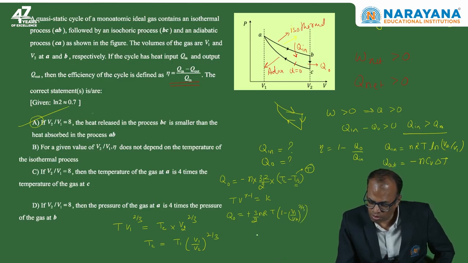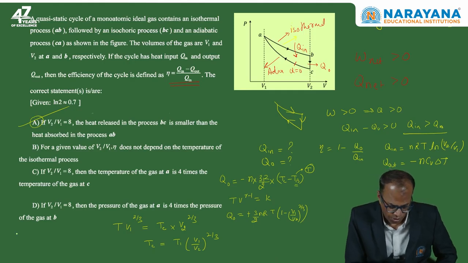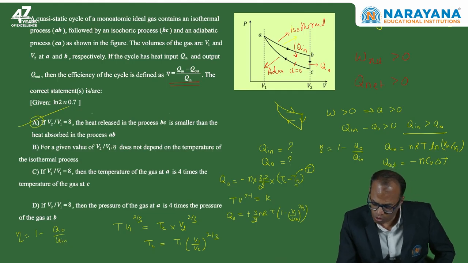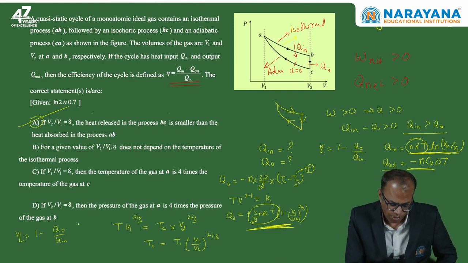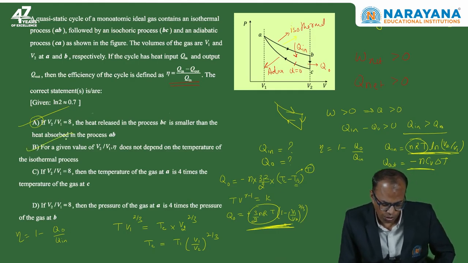Let's adjust this minus sign. And if I fit in the value in efficiency, efficiency is 1 minus Q out by Q in. Now Q out I have calculated, and Q in is this. When I divide the two, this nRT term will cancel out. If the nRT term cancels out, then it becomes independent of the temperature. So B is also correct.